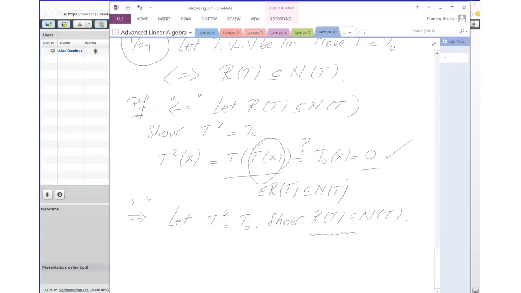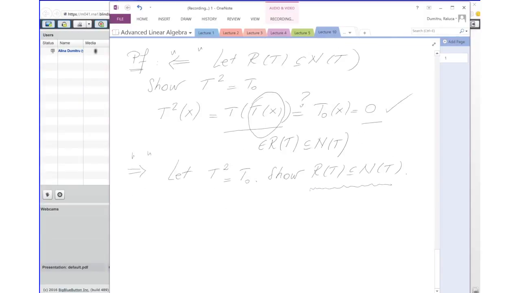So basically, I have to show an inclusion of sets, which is done by starting with an element of the set on the left and showing that it belongs to the set on the right. So let y be an element of R of T. I need to show that y is in the null space of T. So I know that y is in there, and I know this, right? That's pretty much all I know.